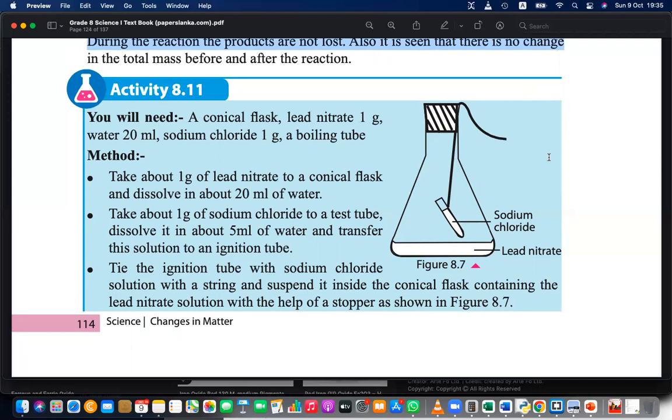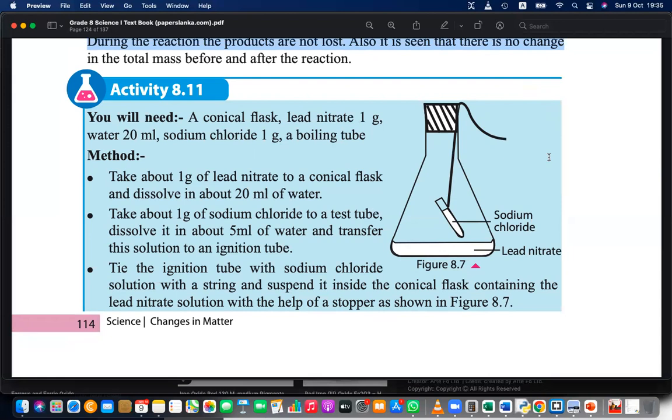Then it will create a lead nitrate solution. Then take 1 gram of sodium chloride in a test tube, dissolve it in about 5 milliliters of water, and transfer the solution into the ignition tube.